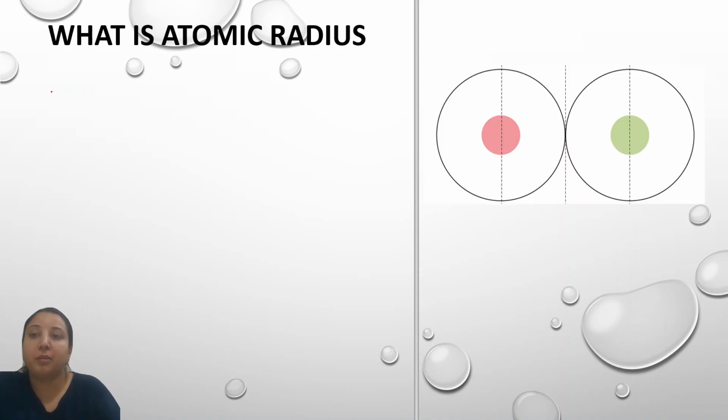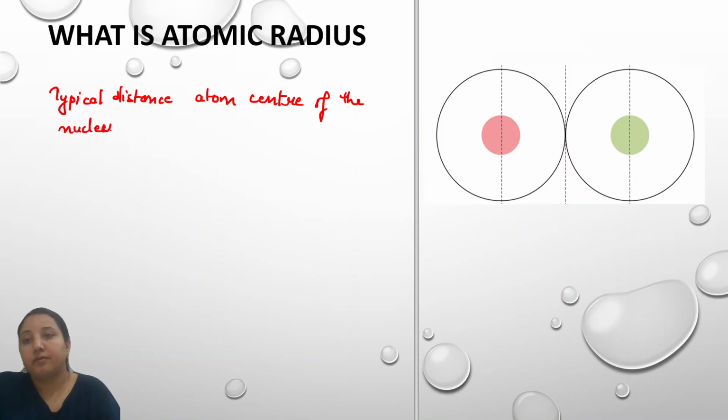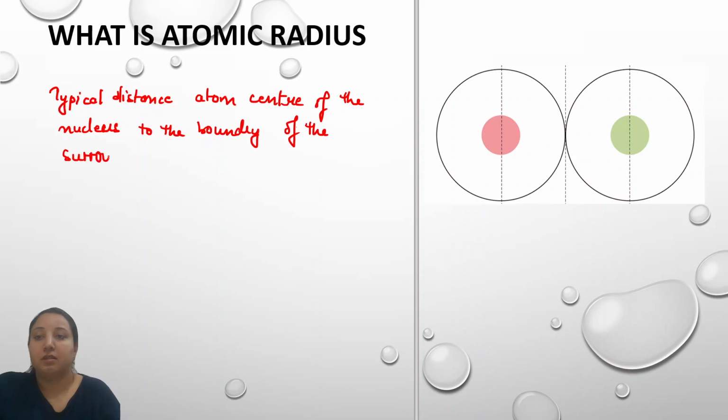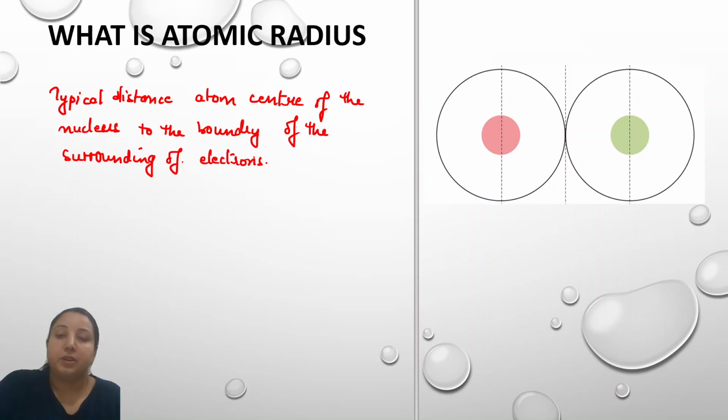Basically, when we talk about the atomic radius, it is a typical distance between the center of the nucleus to the boundary of the surrounding of electrons. Basically, if you look at this right-hand side diagram, I have two atoms.